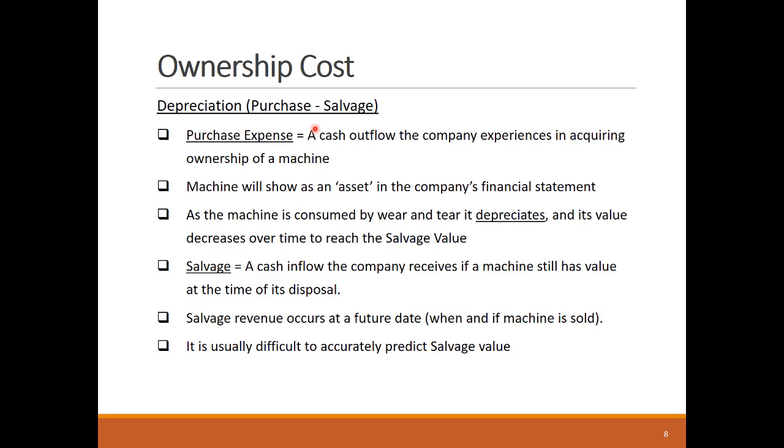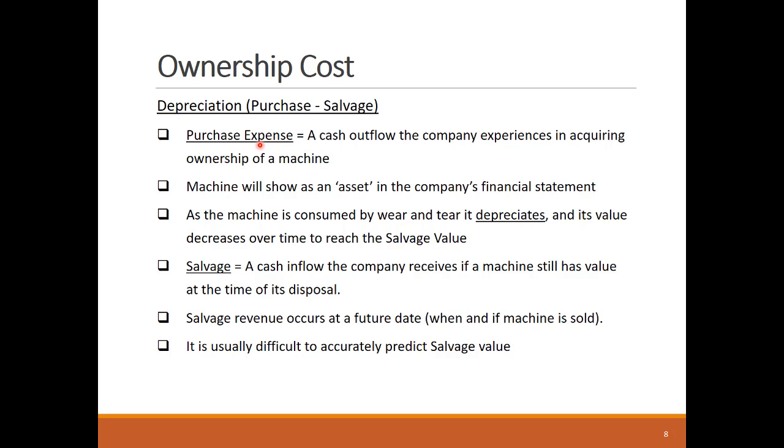Depreciation cost is an ownership cost item that's charged to the construction firm as the difference between the purchase expense and the salvage revenue. Depreciation is a concept that crosses the borderline between financial and economic modeling of the equipment as a company asset.